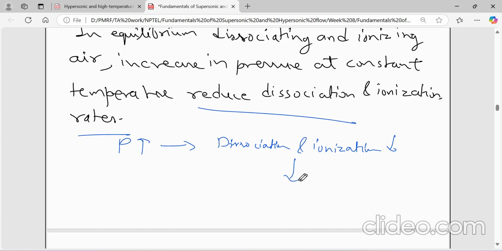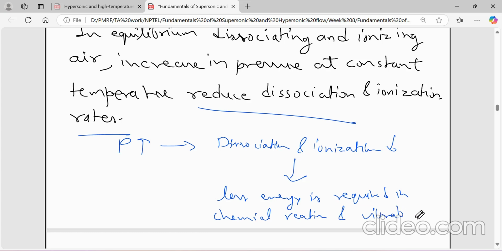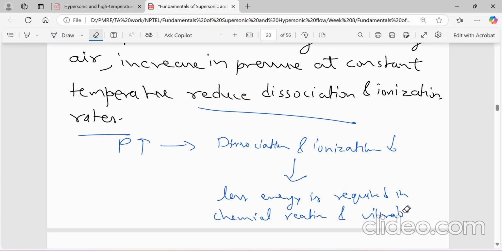If dissociation and ionization is decreasing, it means less energy is required in chemical reactions and the vibrational mode of energy.